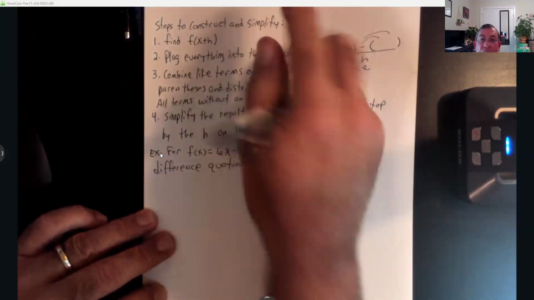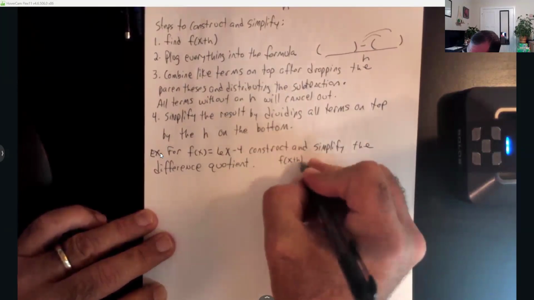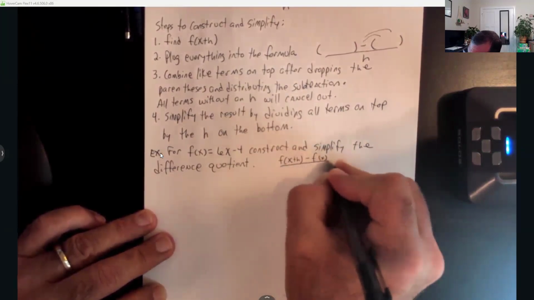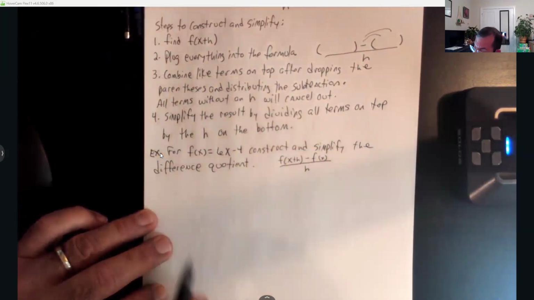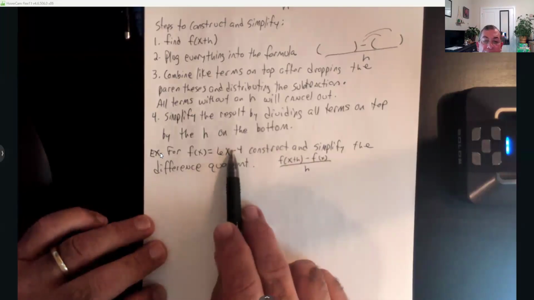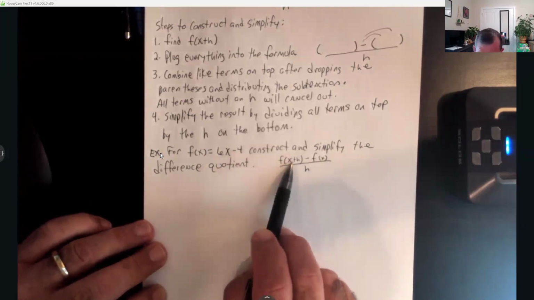Now, they'll give you the formula every time. f of x plus h minus f of x all over h. Well, they gave me f of x right here, so that's going to go in right here, 6x minus 4. What we got to find is f of x plus h.